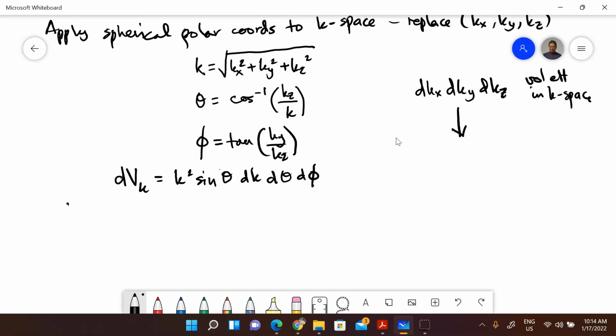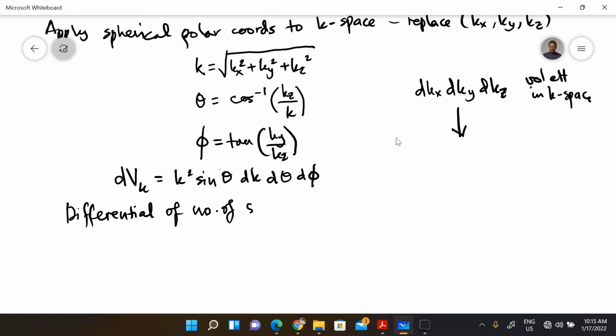So essentially we need the differential of the number of single particle states.